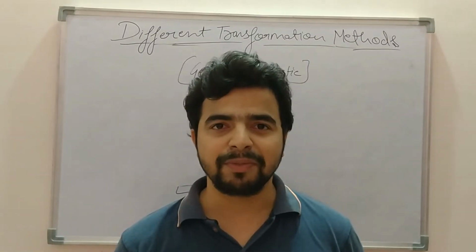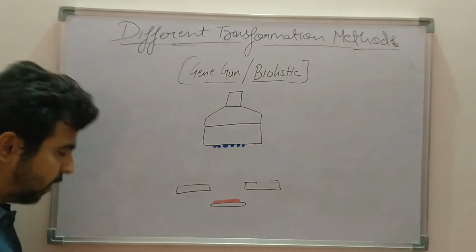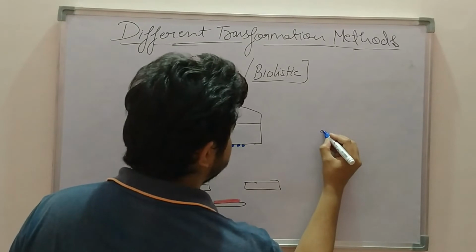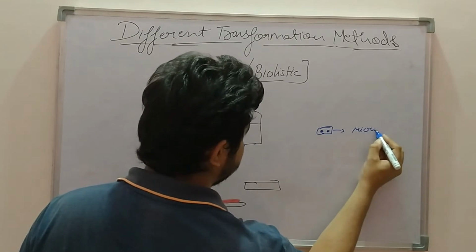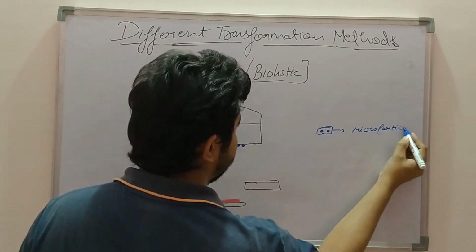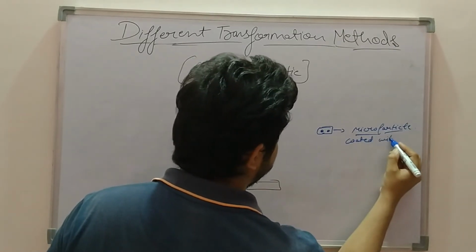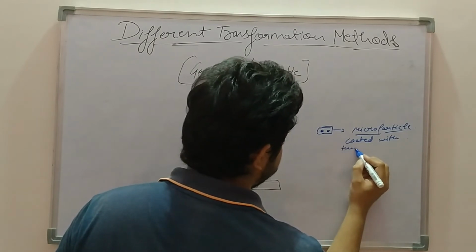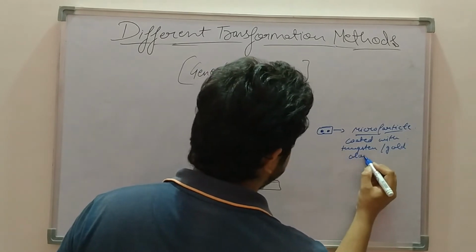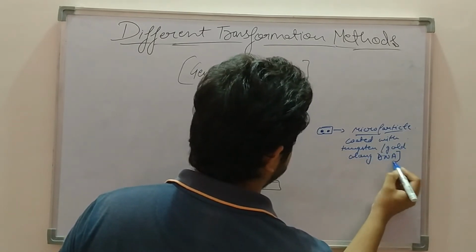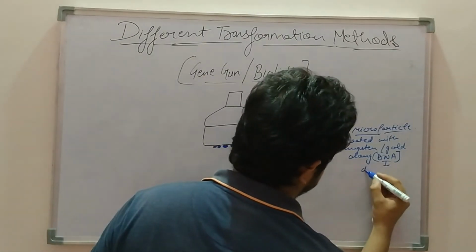The next method of transformation which I will discuss here is the gene gun or ballistic method. Basically, in this method, these are known as microparticles, and these microparticles are coated with tungsten and gold along with DNA, those DNA which carry the desired genes.